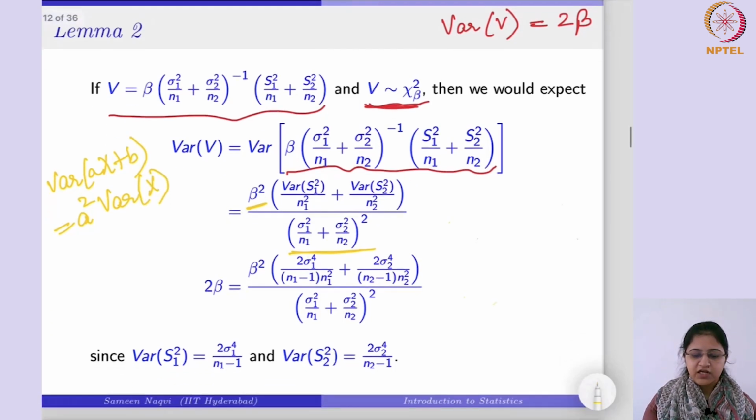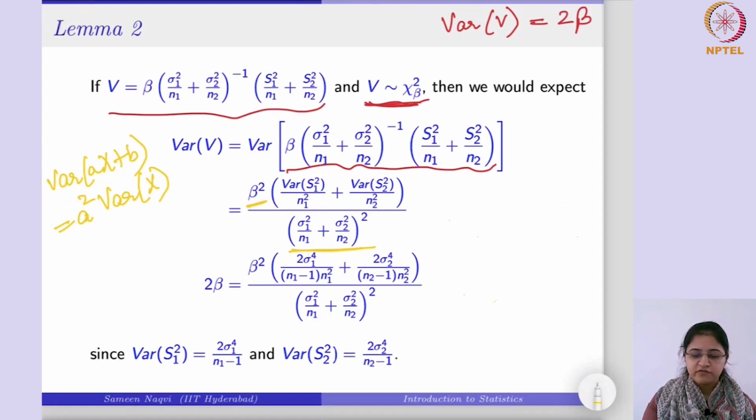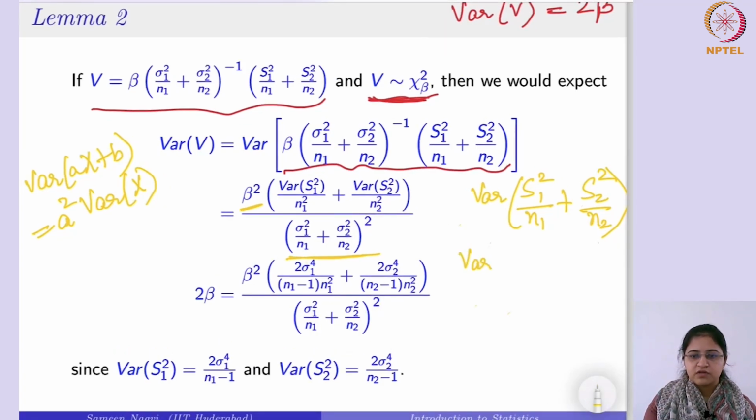Now you are left with variance of s1 square over n1 plus s2 square over n2. You can take variance inside because these two are independent. So here it would be variance of s1 square over n1 square plus variance of s2 square over n2 square. So the same thing you are getting over here.